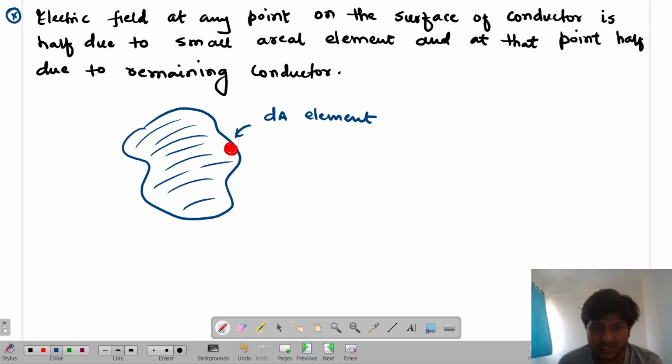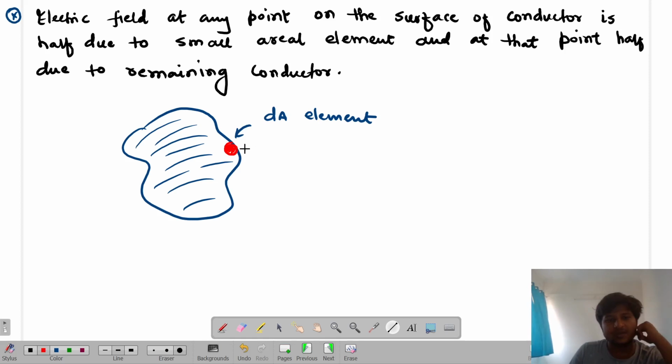Yes, I'm doing integration, but here integration is not there because for a conductor, since the potential is the same at all points, the electric field must be the same at all points, and that should be given as sigma by epsilon naught. So how that sigma by epsilon naught actually appears, by considering the dA element, we are trying to find out. Is that clear or not?